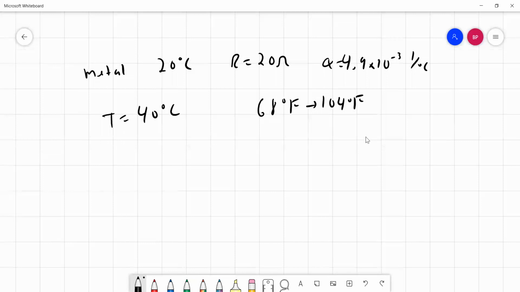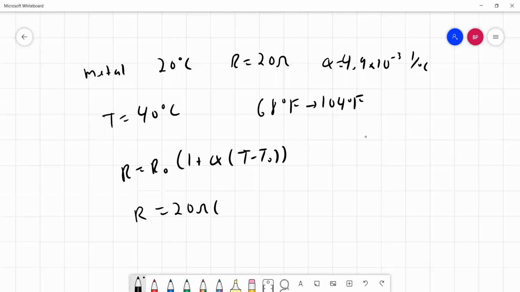Okay, well, we know our formula. Our resistance is our reference resistance at the reference temperature times 1 plus alpha times the change in the temperature. So our resistance, that's what we're looking for, is equal to our reference resistance, which is our 20 ohms here, times 1 plus alpha times the change in temperature.